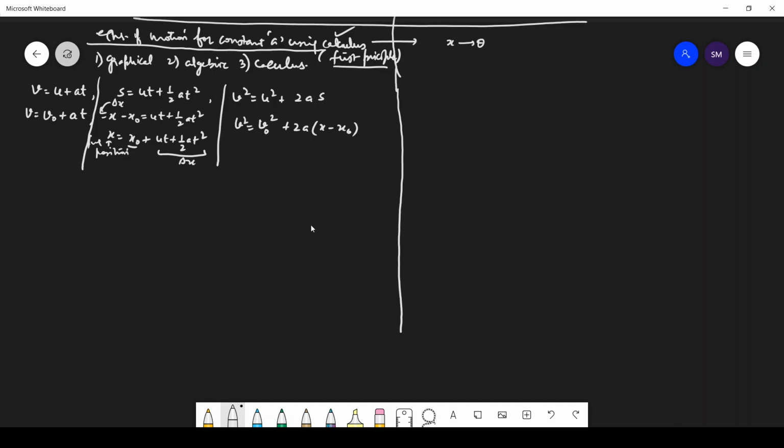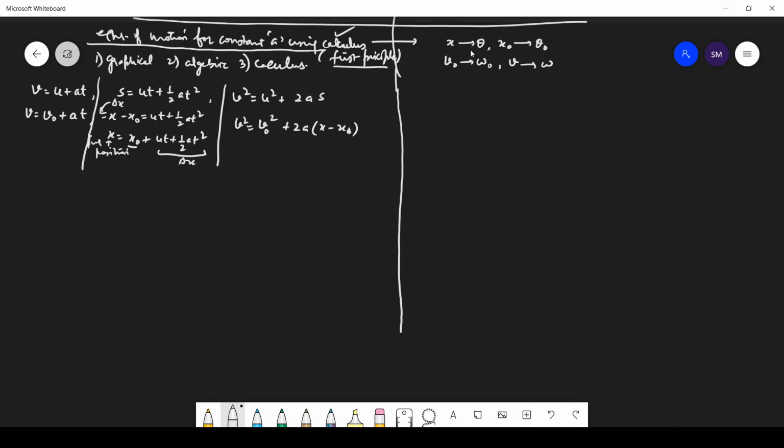Now x is replaced with theta, and x naught is replaced with theta naught. v naught is replaced with omega naught, and v is replaced with omega.